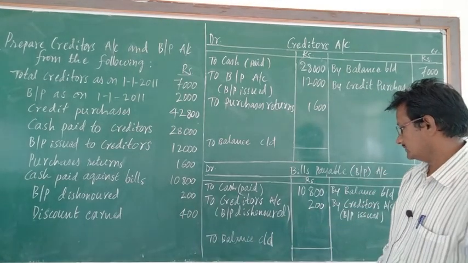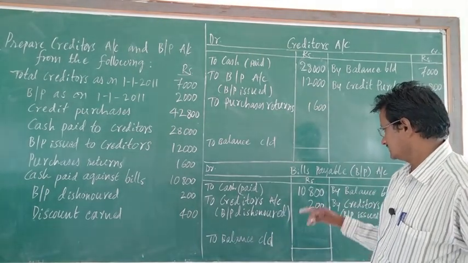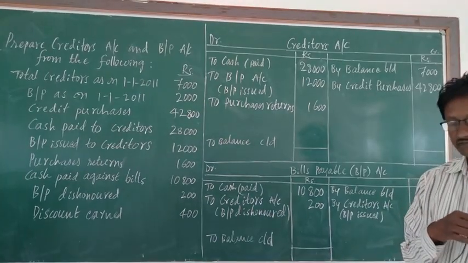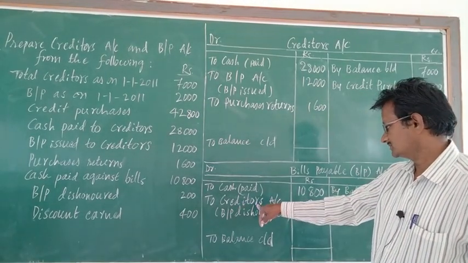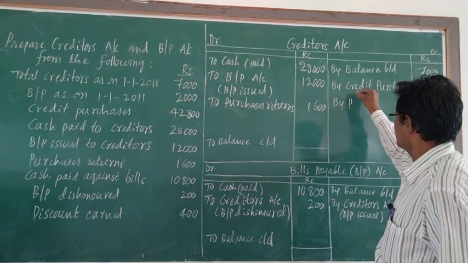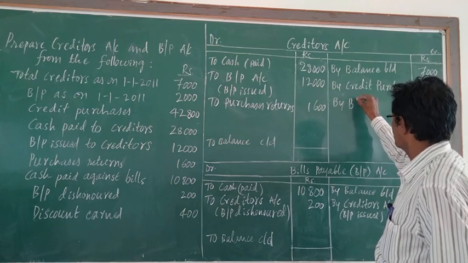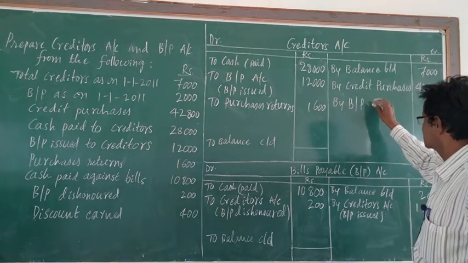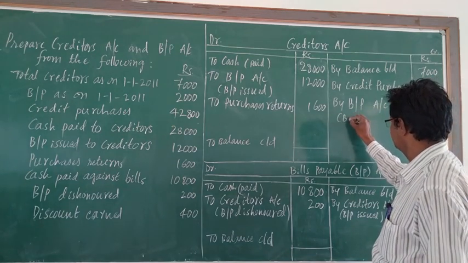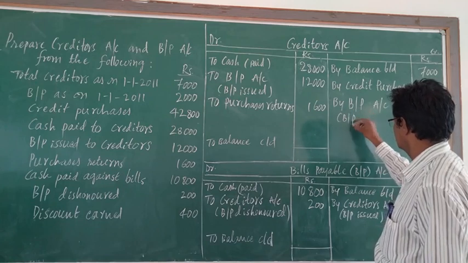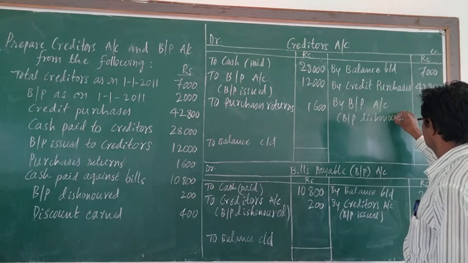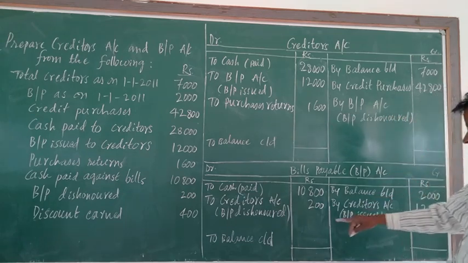And when we write in bills payable account the name of creditors, we have to make contra entry. So in creditors account we have to make entry as by bills payable account, bills payable dishonored. Amount is 200.